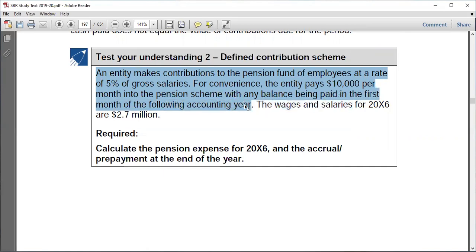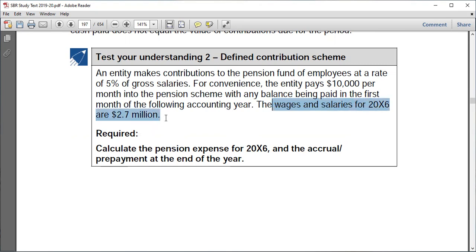The wages and salaries for 2026 are 2.7 million. We are told to calculate the pension expense for 2026 and the accrual or prepayment at the end of the year, right? How do you proceed with this?